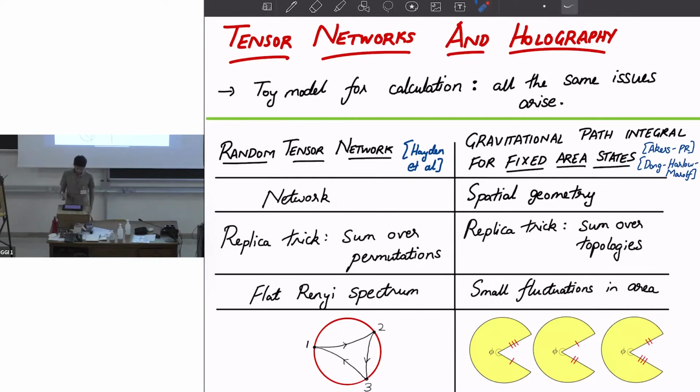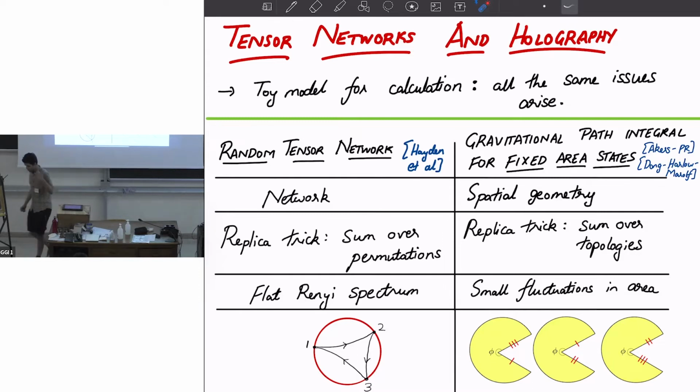So just briefly, the map between these random tensor networks and the path integral is that, as you expect, the network is dual to some sort of spatial geometry on some spatial slice. And the interesting thing in which the random tensor network reproduces features of the path integral is that when you do a replica trick, you take multiple copies of this tensor network and try to compute something like the Renyi entropy or any such object.